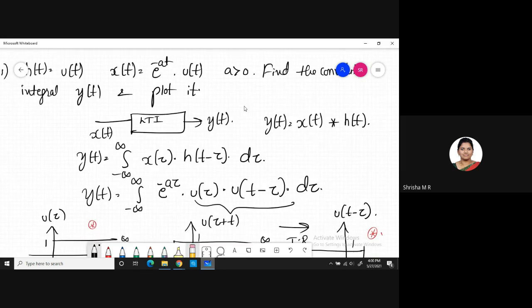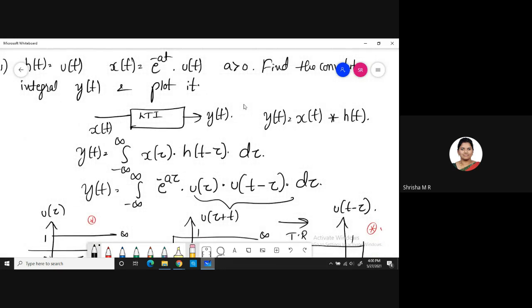So we shall see the plotting. First understand this problem. So convolution integral formula is y of t is integral minus infinity to infinity x of tau into h of t minus tau d tau. So what we have to do is in x of t terms we have to replace t with tau, and in h of t terms replace t with t minus tau. That is what we have done.